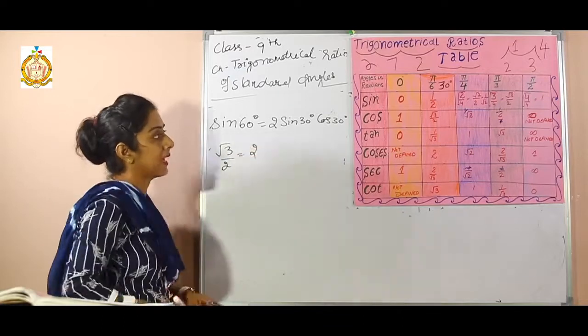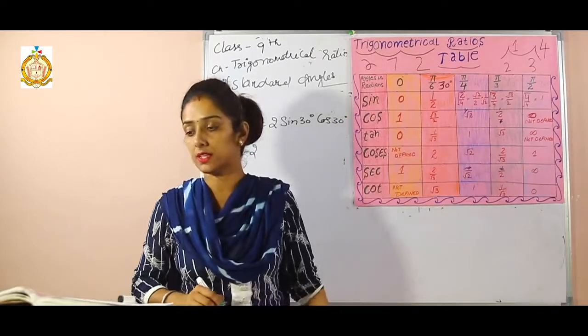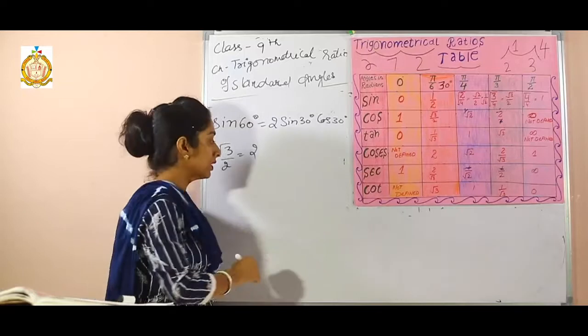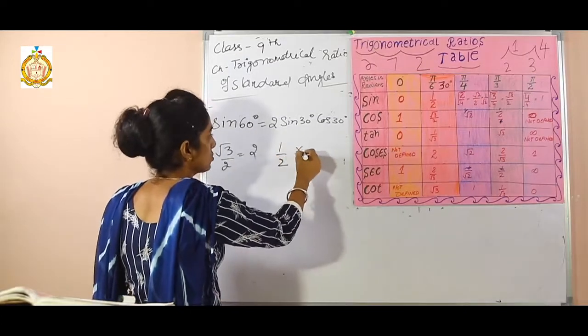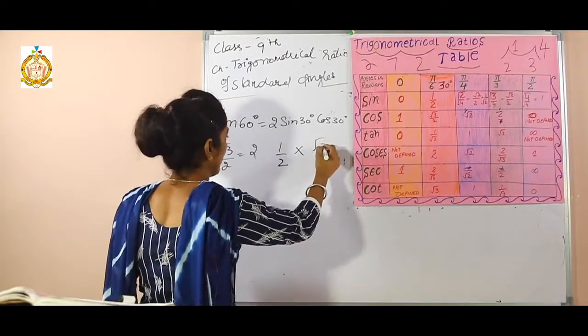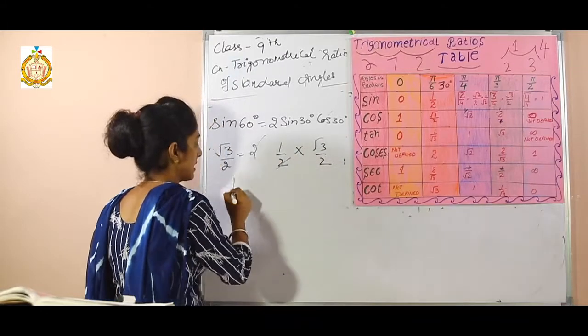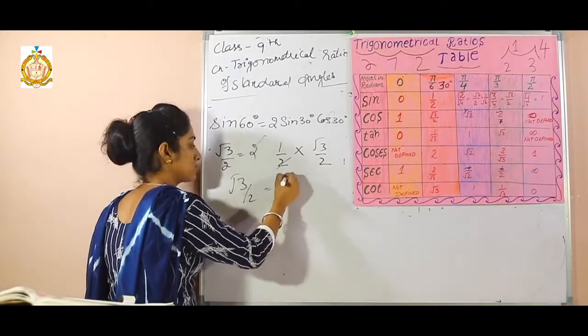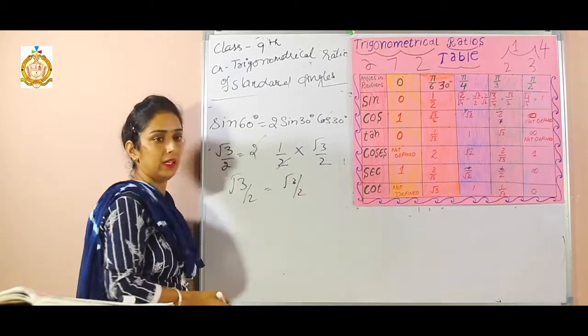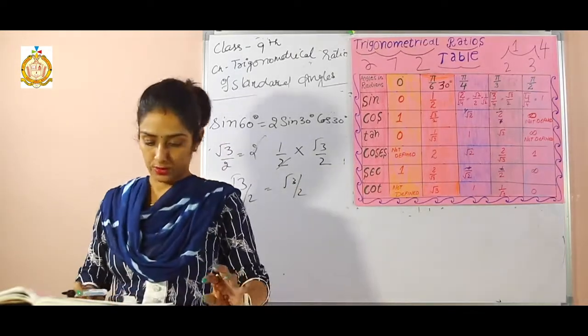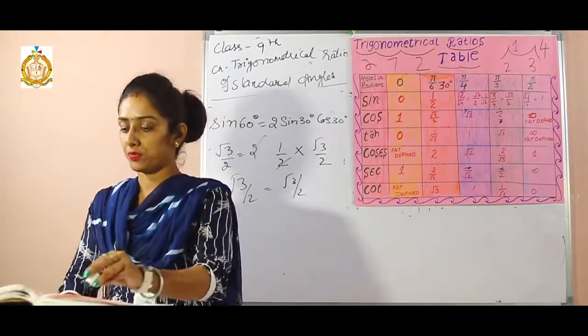Now 2 into sine 30. Sine 30 is what? Sine 30 is 1 over 2, into cos 30 is under root 3 by 2. Now this and this cancel. Under root 3 by 2 is equal to under root 3 by 2. Right?